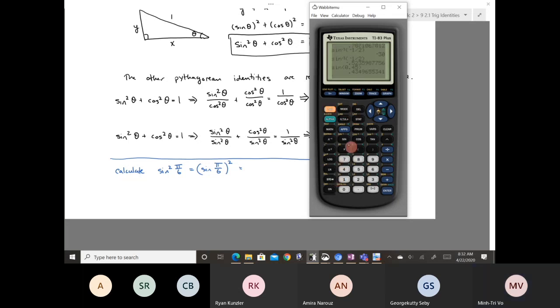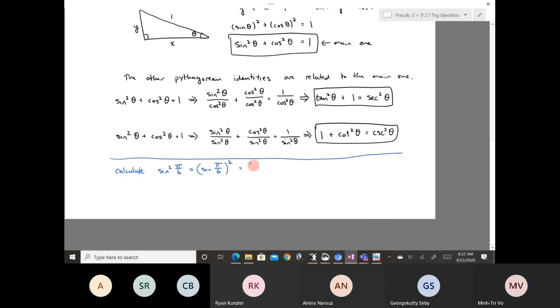Sine of pi over 6 is a special angle, so it's just going to come out to be 1/2. And then the result of that is being squared. So 1/2 squared would be 1/4.